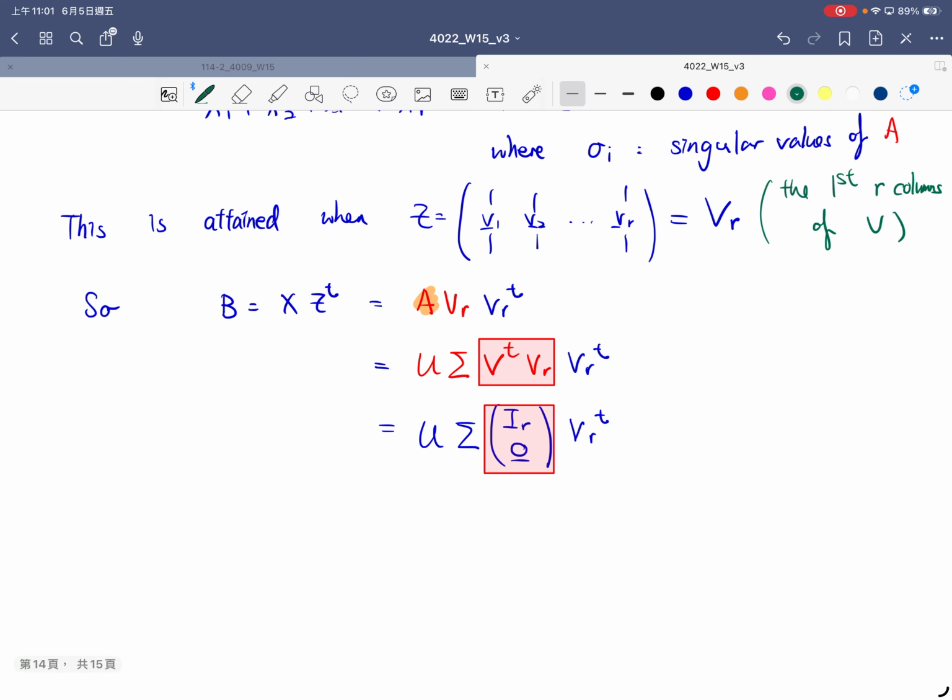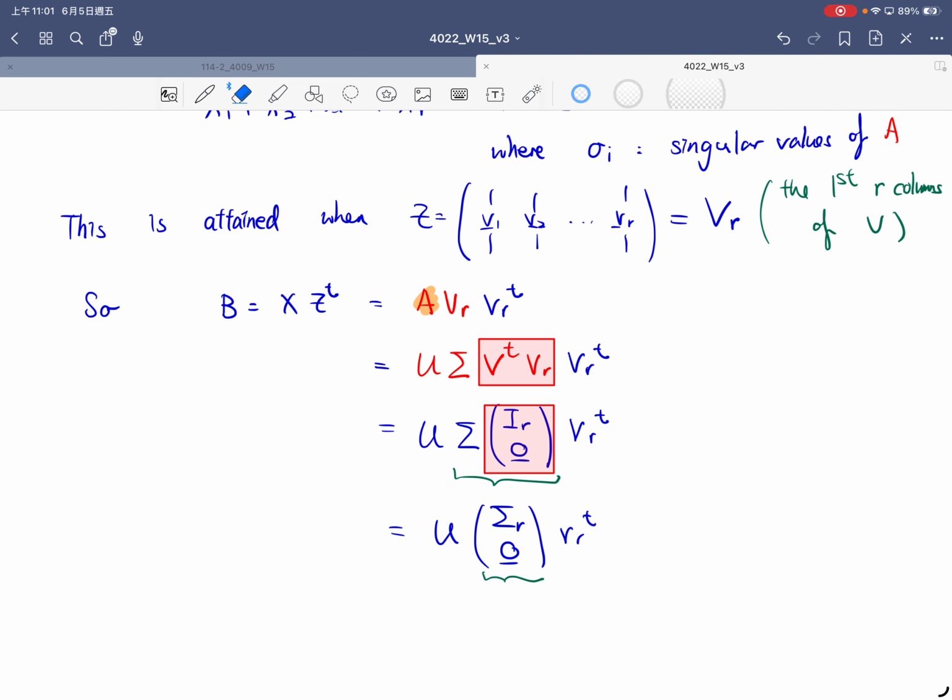And finally, let me combine these two terms in the middle. If you do matrix multiplication, you get, let me call it, sigma R 0. I'm not doing anything advanced, I'm just doing matrix multiplication.